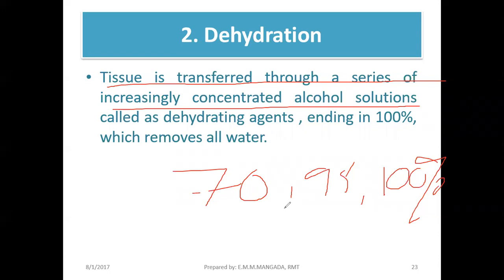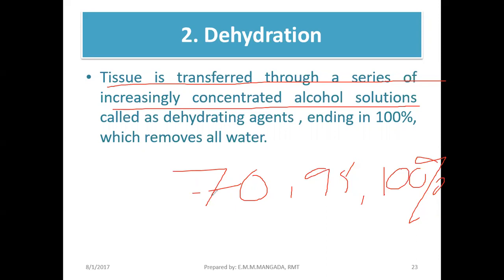So 70% alcohol. Then after a few minutes or hours, we transfer it to 95% and then we transfer it to absolute alcohol or 100% alcohol. So usually 2 to 3 changes ng 100% alcohol. Okay? So ganun natin siya ginagawa.